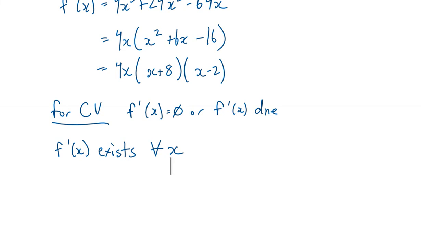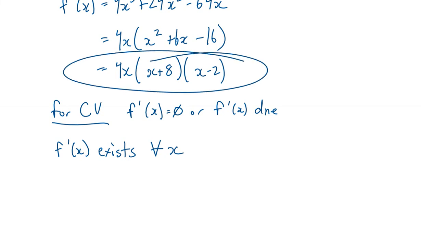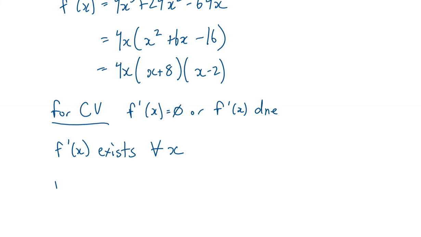Obviously, I format it the way that I do because I like it that way, and I think it makes the most sense. It's efficient, it's organized, so I would encourage you to do that when we get into that in the next lesson. But in this case, because we have the derivative fully factored, we can just state f prime equals 0. We can just state where it's equal to 0.